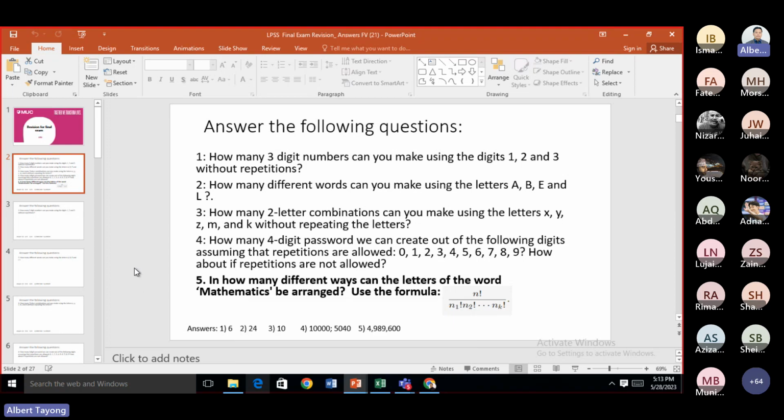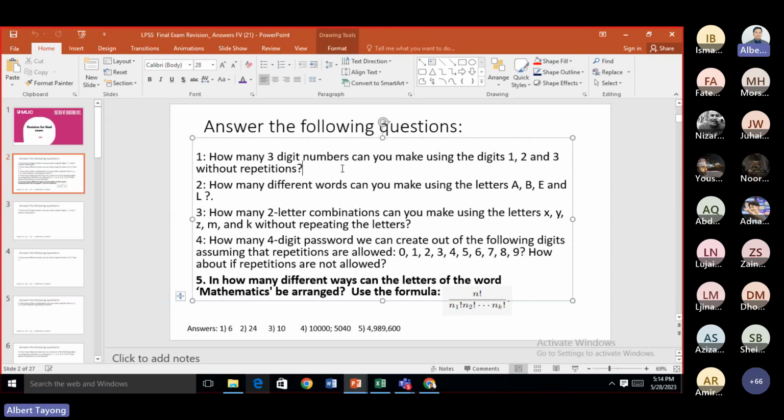Okay, so we're going to start with these problems. The first one is asking how many three-digit numbers you can make using the digits 1, 2, and 3, without repetitions. When you see the word numbers, this one is about permutation.